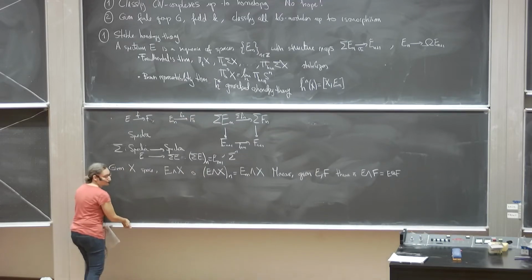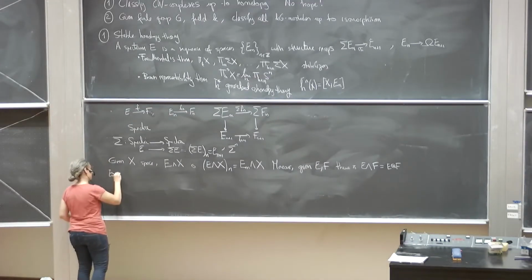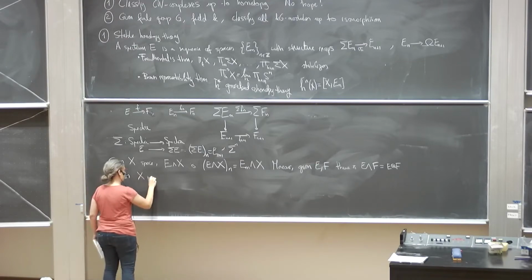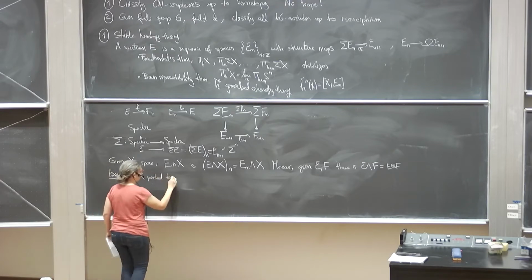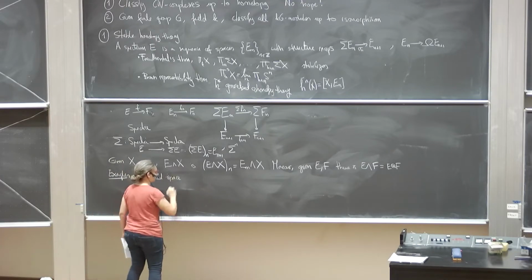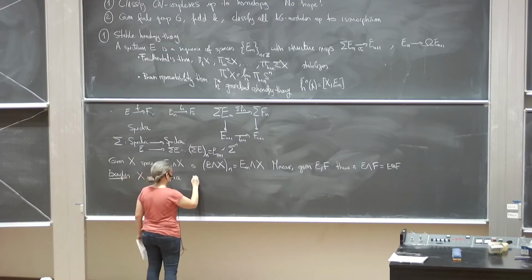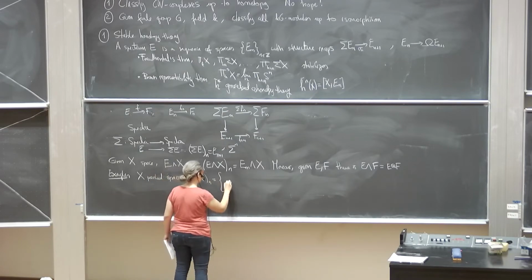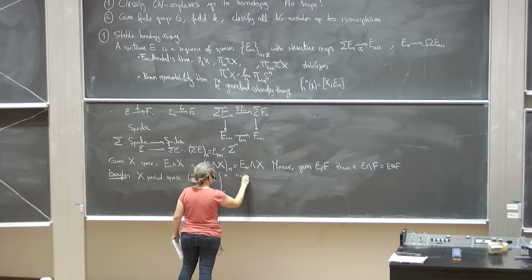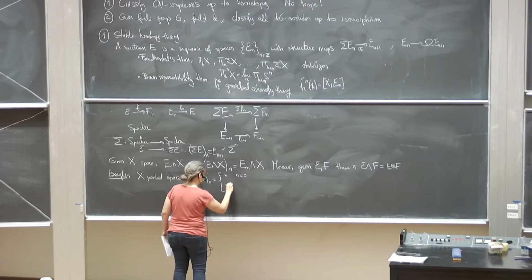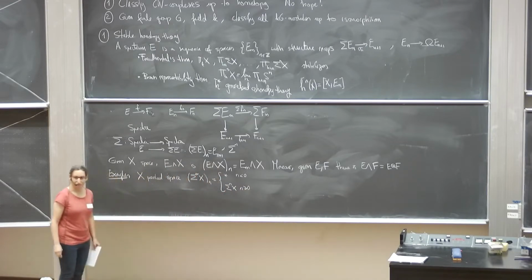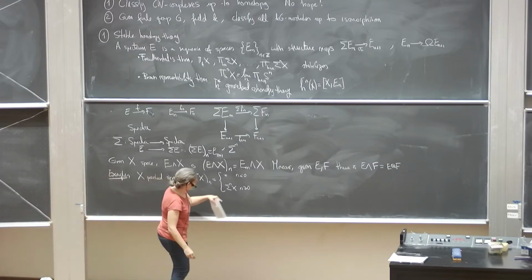So, examples. I forgot to give you some examples. Well, if X is a pointed topological space, you can just consider the suspension spectrum of X, which in degree n has a point if n is negative, and you just write the n-fold suspension of X if n is positive, iterating the suspension construction.